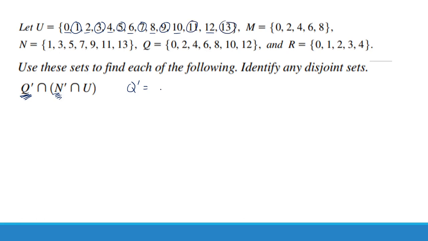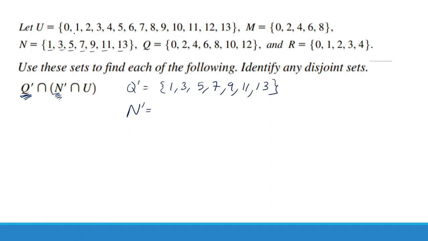So let's list Q complement. Again, that's 1, 3, 5, 7, 9, 11, 13. Q complement is everything that is not in Q but in our universe. N complement is going to be everything that is not in N, but in our universe.